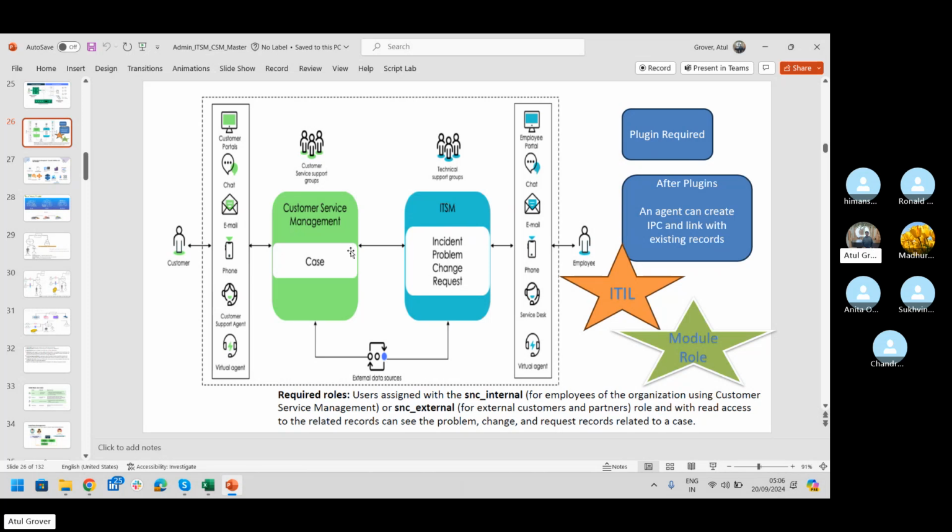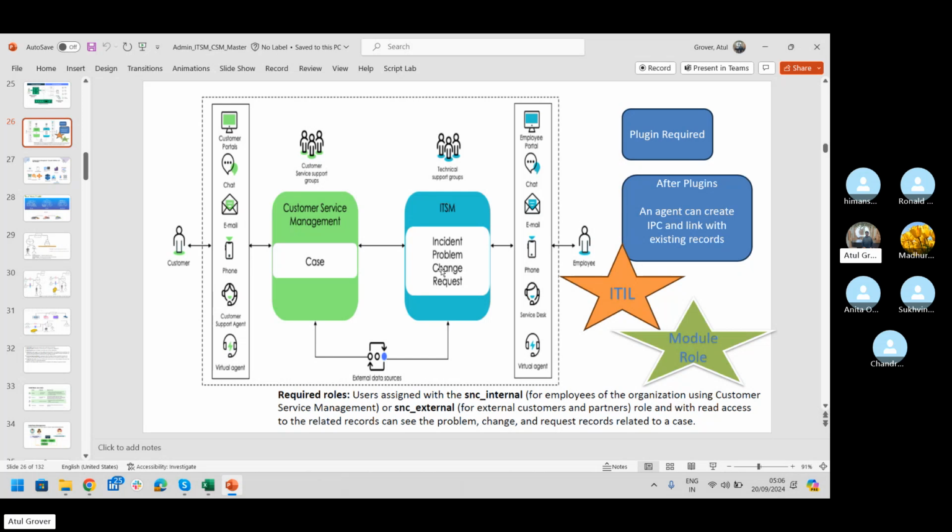Only then, otherwise I can't. But to do that, I need access to these tables as well. So in ServiceNow, we have specific roles for these tables, like sn_incident_read role, write role, incident manager, change read, change write, problem read, problem write roles. Or the ITIL role is also there.